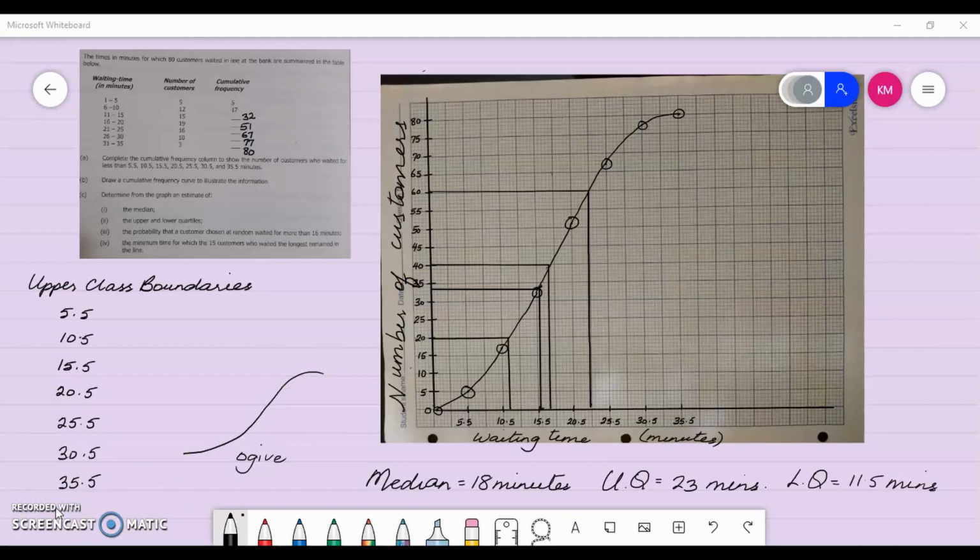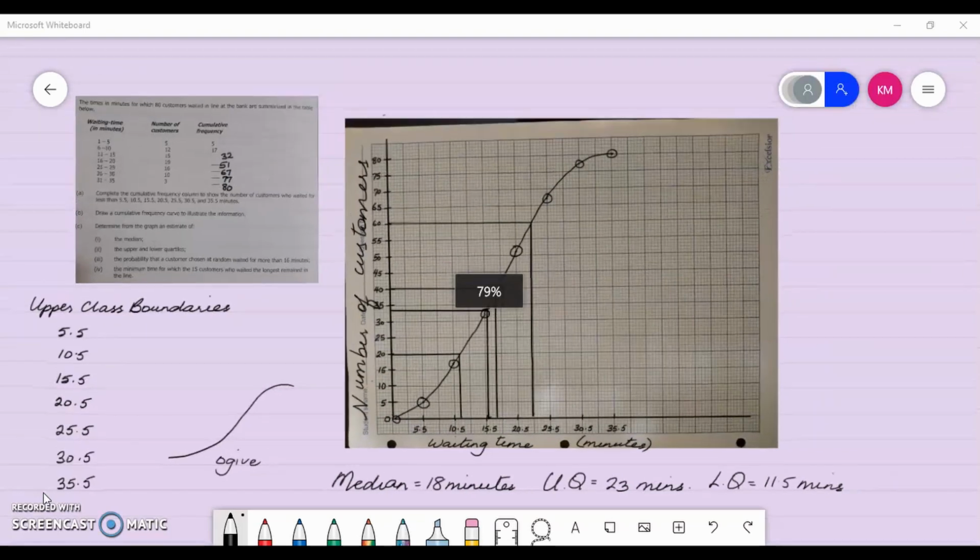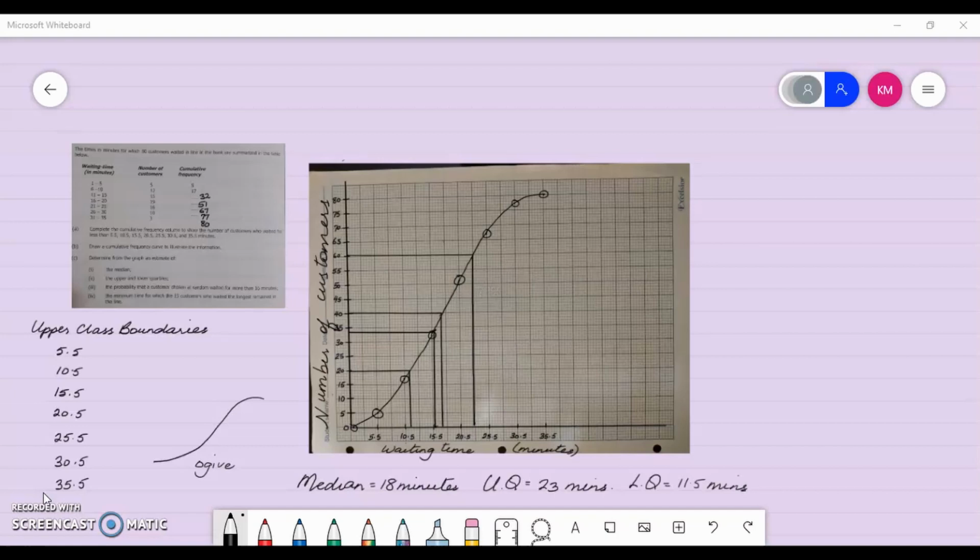So 80 take away 33 is going to give me 47, and what they are asking in the question is the probability that a customer chosen at random waited for more than 16 minutes. So what I have to do is put that 47 over my total number of customers, and that is going to give me my probability. So I'm just writing it here. Probability is going to be 47 over 80.